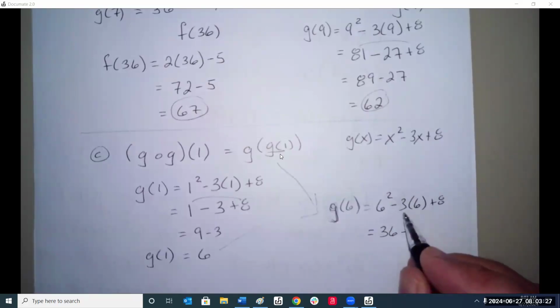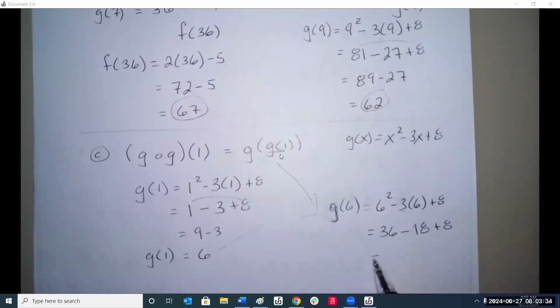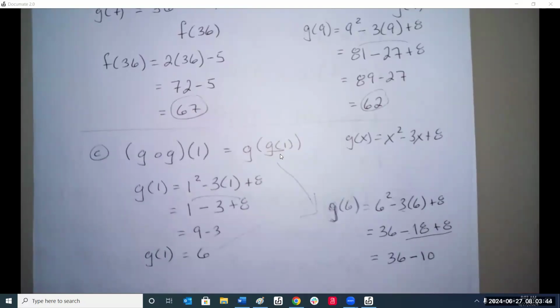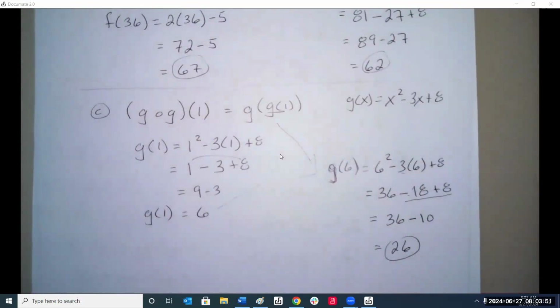Negative times positive is negative. 3 times 6 is 18 plus 8. So we have 36, negative 18 plus 8. 18 is bigger, so it's negative. 18 minus 8 is 10. 36 minus 10 is 26. That's our answer for that question.